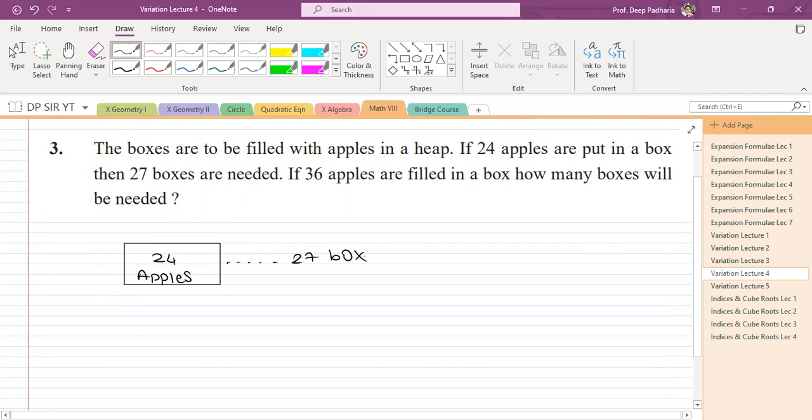Try to understand the question, okay? 27 boxes are needed. Now if 36 apples, now suppose in one box, suppose this is one relation. Now we need to find for the other case which they have given me, that is suppose 36 apples are filled in a box. मतलब एक बॉक्स में अगर 36 apples है तो how many boxes will I require? X box. तो मुझे कितना बॉक्स लगेगा?